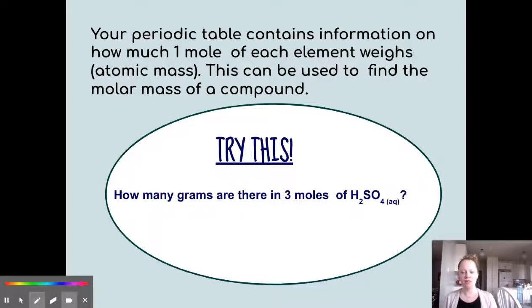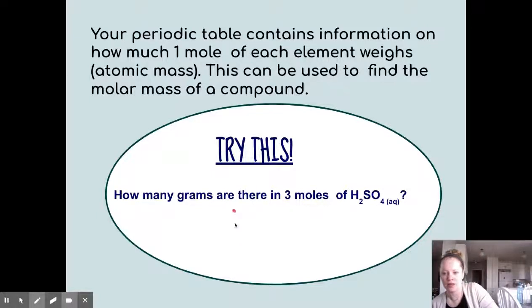So if I was to ask you how many grams there are in 3 moles of H2SO4, so we should identify this as sulfuric acid. But basically what it is, if I wanted to calculate 1 mole of this guy, I would go about it like so.